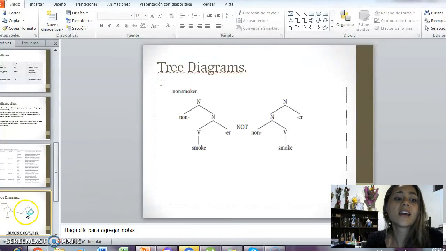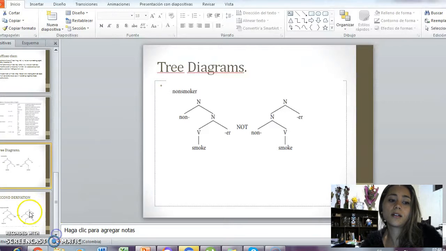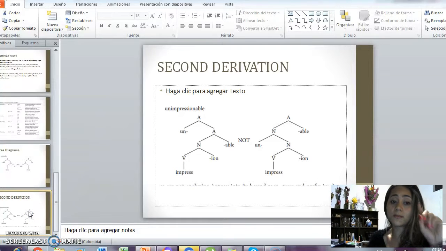And the second derivation, this is the first derivation, the second derivation is about when we have a long word. In that word we have prefixes, we have the root, and then we have suffixes, and not only one suffix, we have two suffixes.